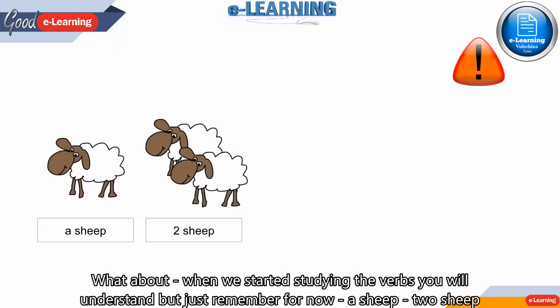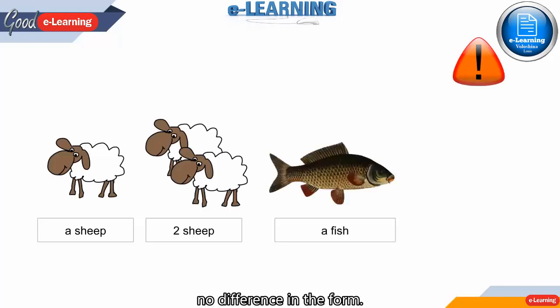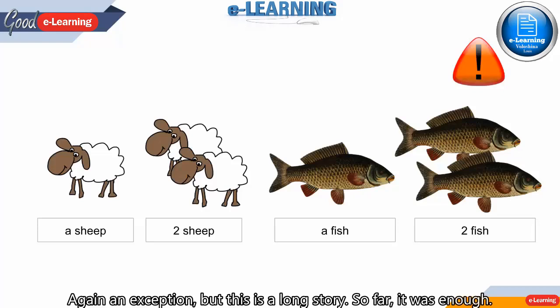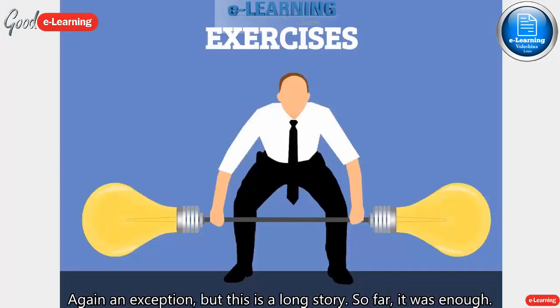When we start studying the verbs you will understand. But just remember for now, a sheep to sheep, no difference in the form. The same here, a fish to fish, that's it. You don't say two fishes in the general case. Again, exception, but this is a long story.